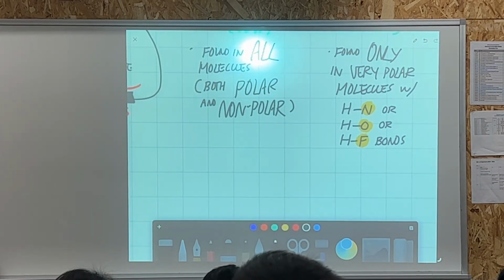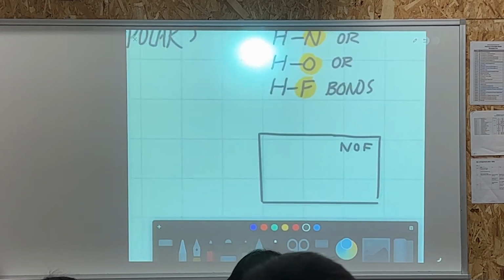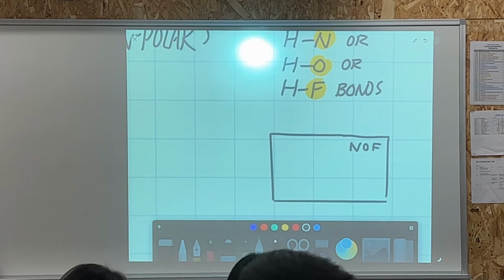Where are these atoms located on the periodic table? Do you know which corner of the periodic table these atoms are found in? Right, top right. And do you remember the electronegativity trend from last lesson? How does electronegativity change across the period and down? When you go from left to right, it becomes larger.